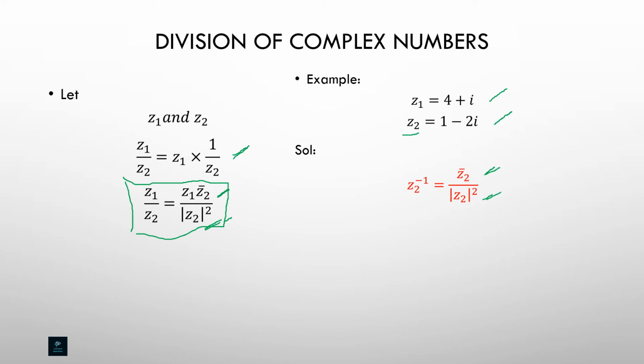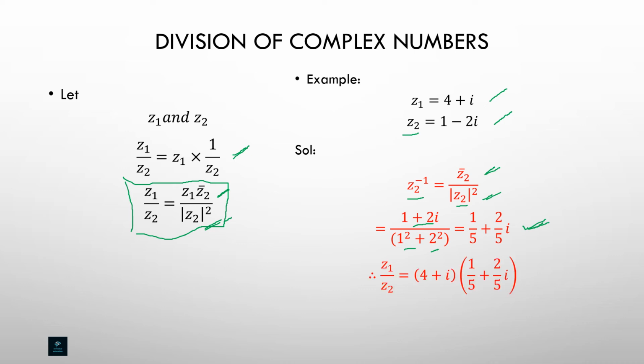Now z2 bar is 1 plus 2i, and square of modulus of z2 is 1 square plus 2 square. Therefore z2 inverse is 1 plus 2i divided by 1 square plus 2 square. This is equal to 1 by 5 plus 2 by 5i. Therefore z2 inverse is 1 by 5 plus 2 by 5i.